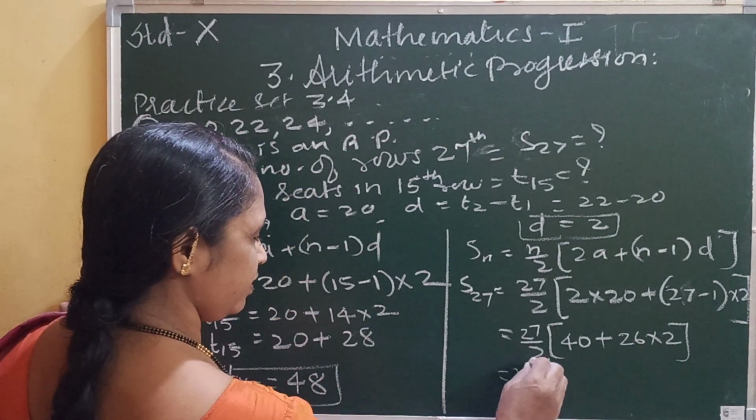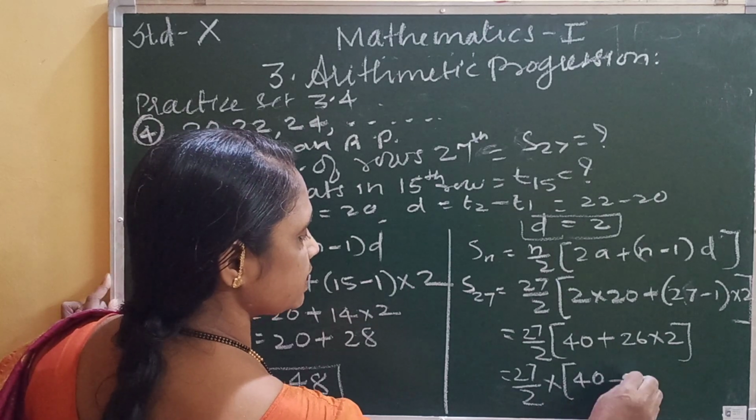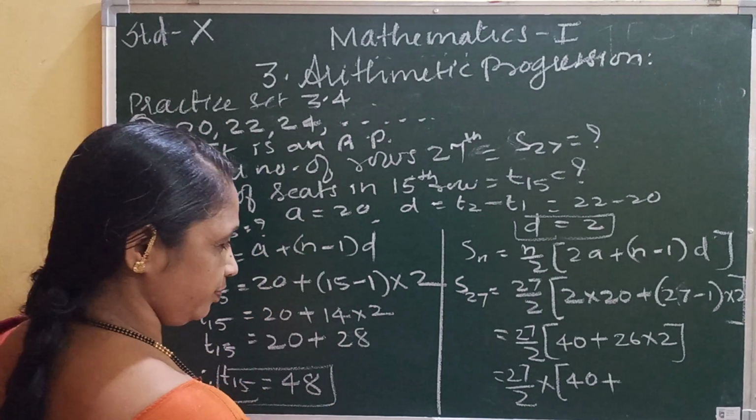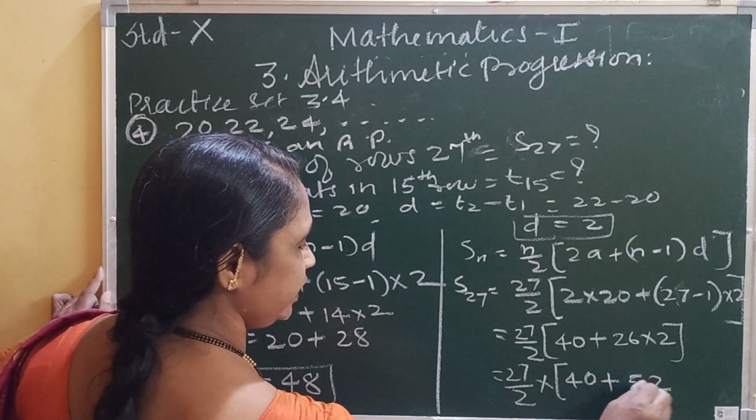So 27 upon 2 into 40 plus 26 into 2, which is 52.